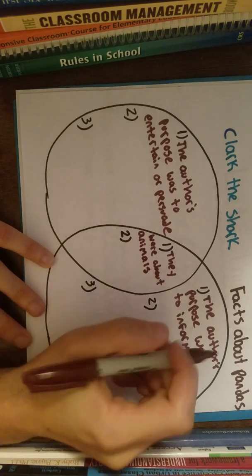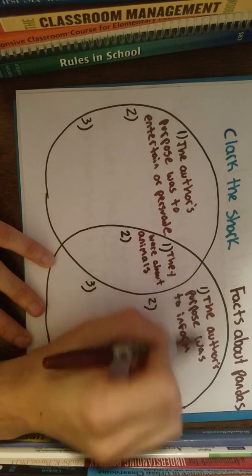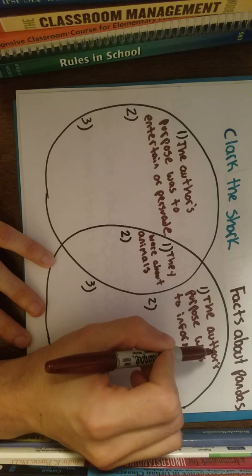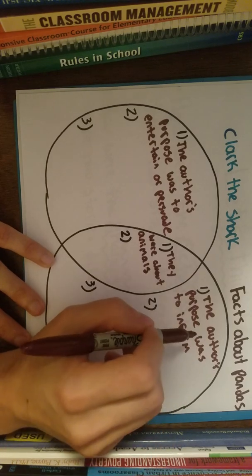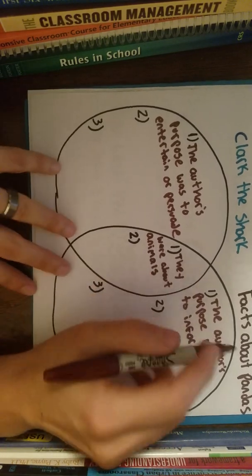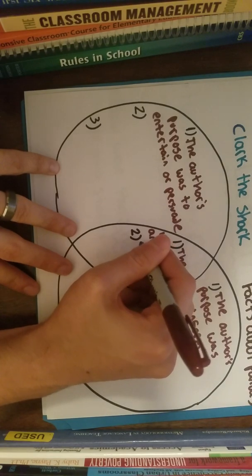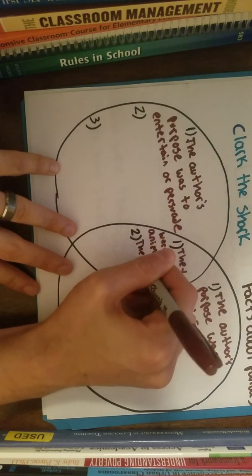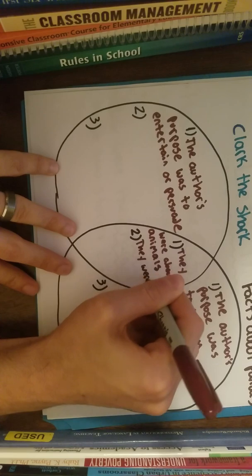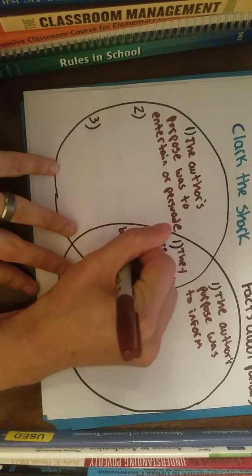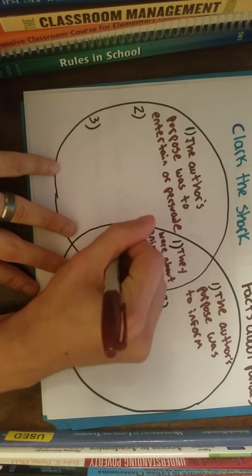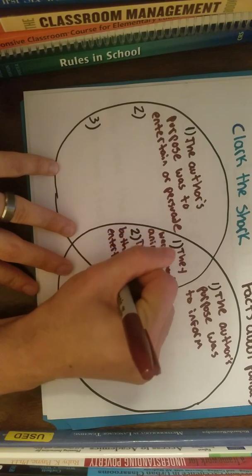And remember, we said that I felt that although the author's purpose in the panda video was to inform, it was also entertaining. So I think that another similarity was that they were both entertaining or fun.